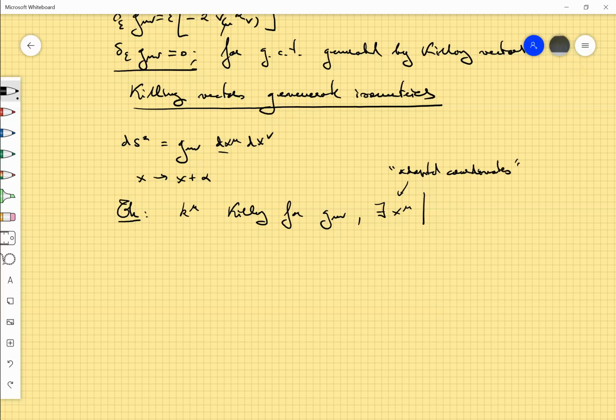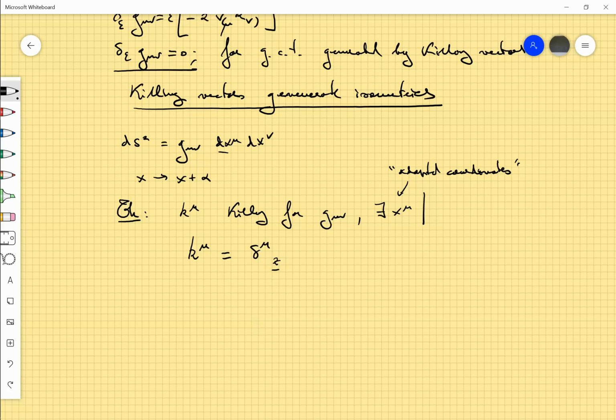for one of them, two things happen. First of all, k^μ is just given by δ^μ of a certain coordinate. This is usually called the adapted coordinate, but sometimes you may have to change more coordinates in this coordinate transformation.